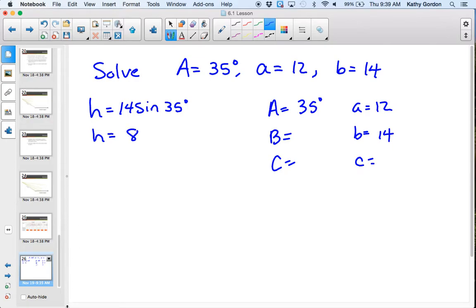So now we have to compare A to H. Is A smaller than, equal to, or bigger than H? Bigger. So how many triangles should we expect if I have an A value that is bigger than H but smaller than B?